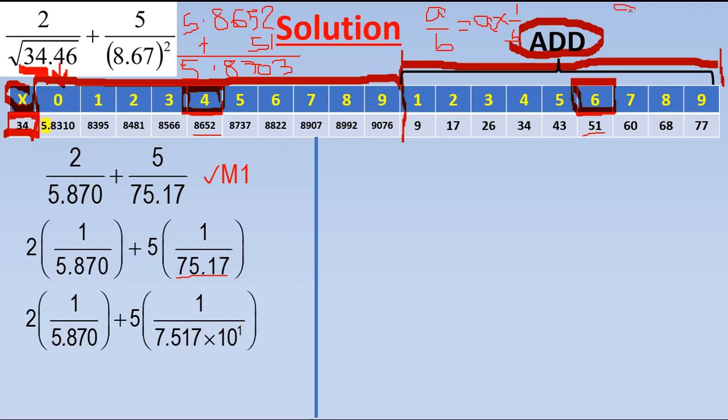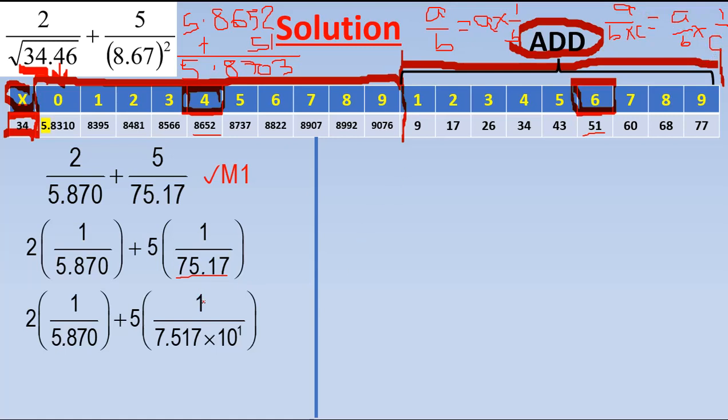If you give me A over B times C, I can rewrite this as A over B times 1 over C. So this is a way of rearranging it.